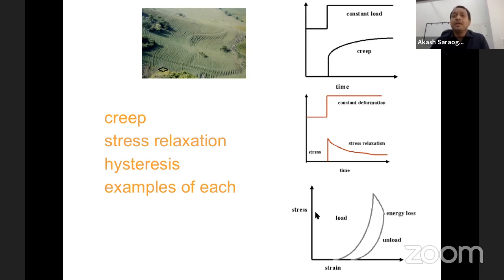Because in the exam, they will ask you, what is creep? Now, what is creep? It is a time dependent deformation. So if I have kept something for a particular time at a particular stress, the deformation is going to change. I'll explain with a very simple example.